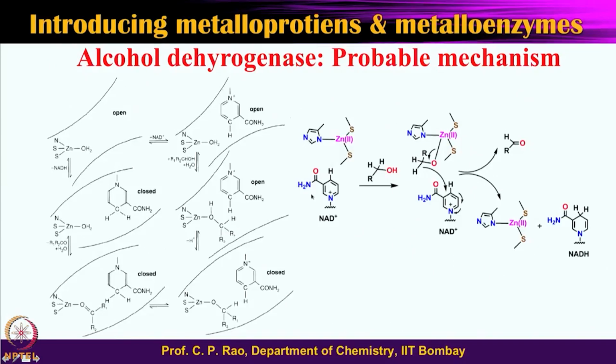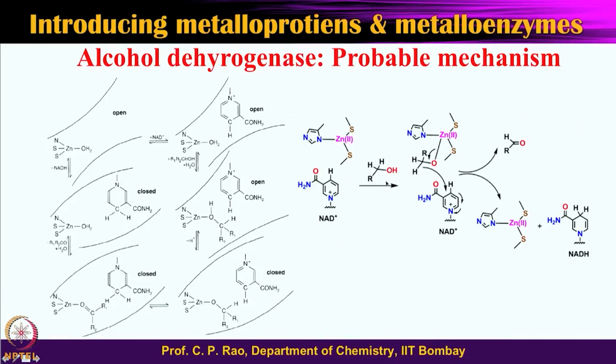Now, we will look at the detailed mechanism. First, let us look at the right side, then we will come to the left side part of it. You can see that the zinc enzyme, the zinc center, this is not a connectivity, okay. This is the cysteine, this is the cysteine, and this is the histidine, and there is water, and that can get replaced by the alcohol. This cofactor is neighboring, not connected, very close by, maybe about 3-4 angstroms.